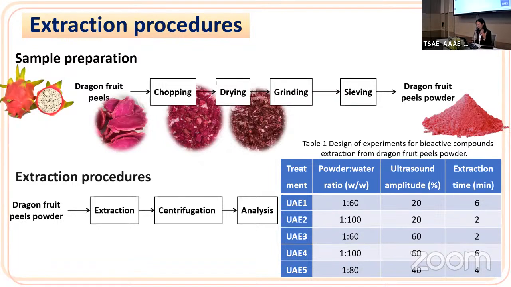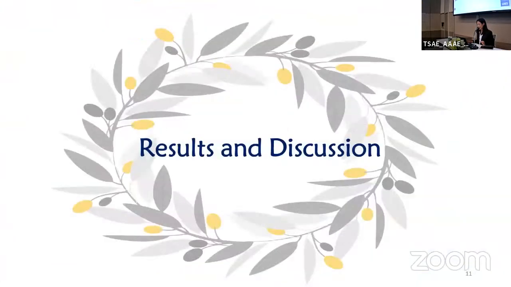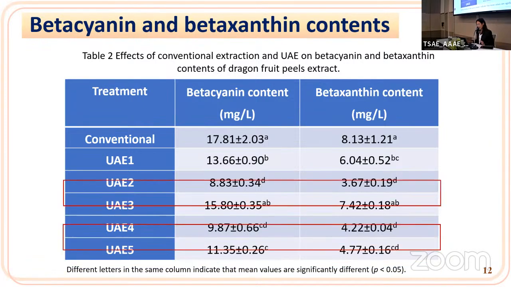After that, we use this dragon fruit peel powder to extract either with conventional or non-conventional methods, and then centrifuge and immediate analysis. For the UAE, we will have 5 treatments, UAE 1 to UAE 5, which you can see in this table. Next, for results and discussion.